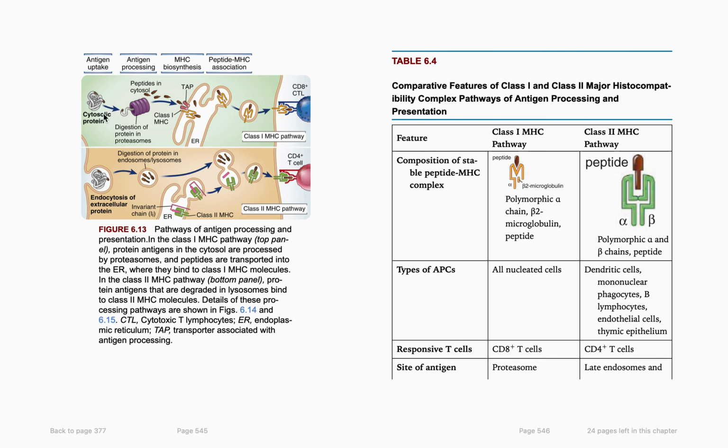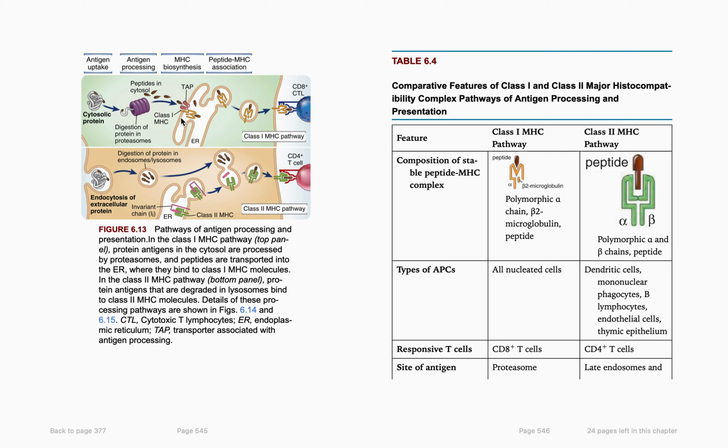So here for class 1, what happens is there is a cytosolic protein. This is digestion of protein in proteasomes, giving peptides in the cytosol. These are broken down now. We see they are small now.